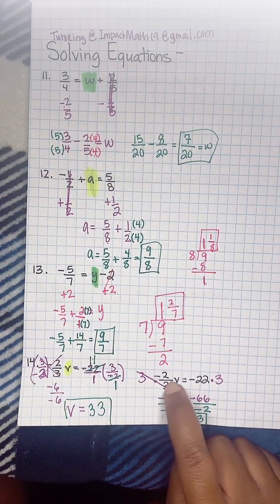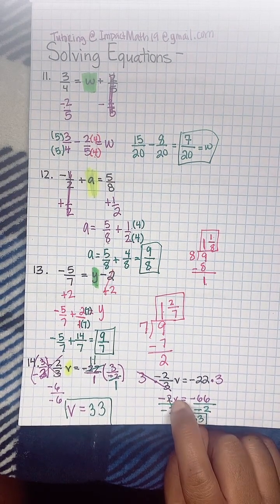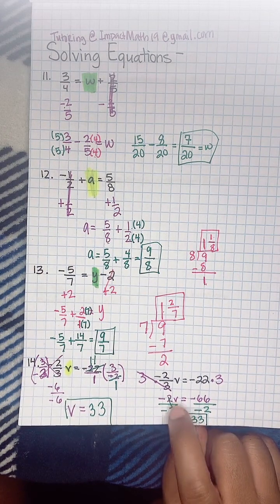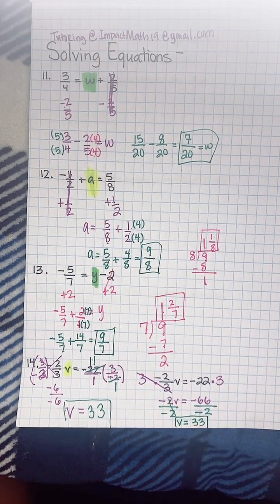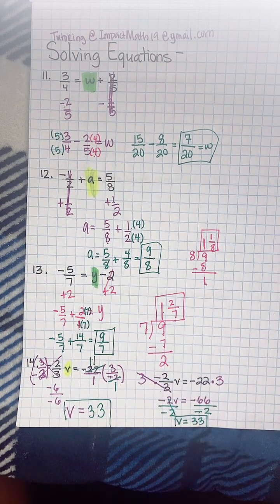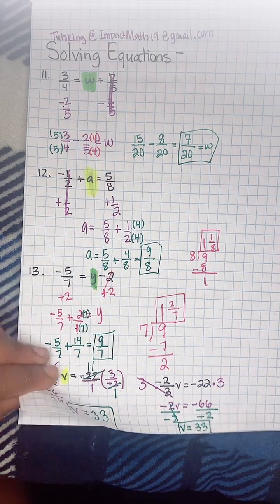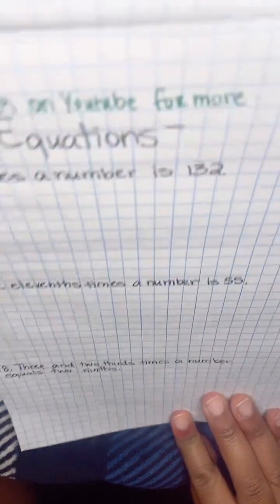Then here, whenever you have a number attached to a variable, they're multiplied together. So to undo multiplication, you divide. So it's about recognizing what operation they're giving you and undoing it. That's how you know whether you're adding, subtracting, dividing, or multiplying.